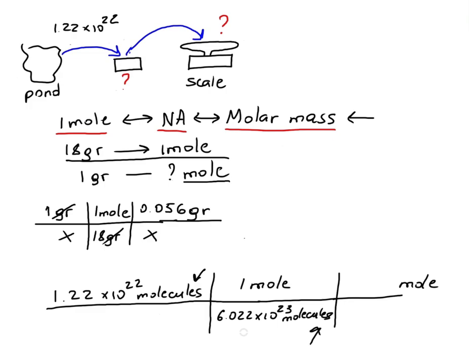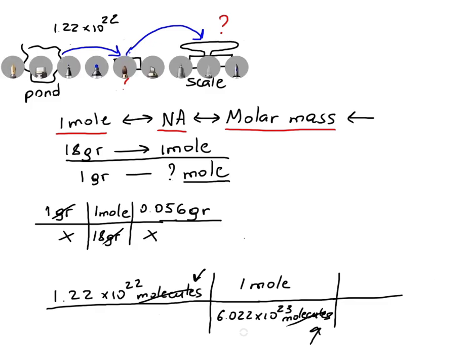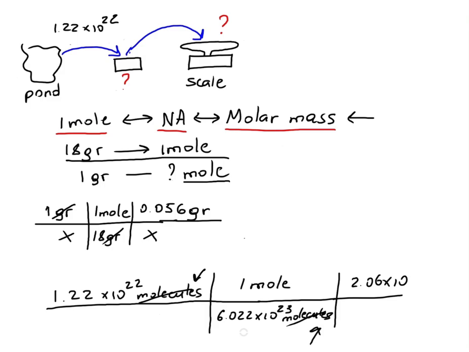So 1 mole is equal to that amount of molecules. Once you solve it, the molecules and molecules cancel out, and you end up with mole. When you calculate this, you should get 2.06 times 10 to the 44 moles. That's how important the units are.